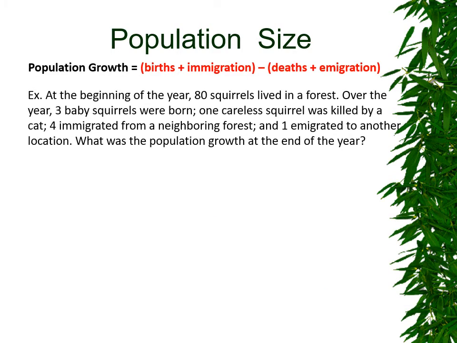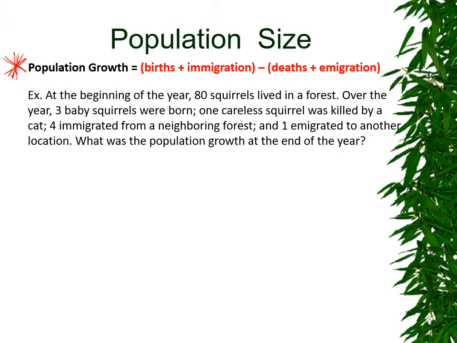So population size, we can figure out population growth using our formula. Once we know what the population is at the beginning of a year, we can figure out its growth by taking the births and the immigrations and minusing the deaths and the emigrations.